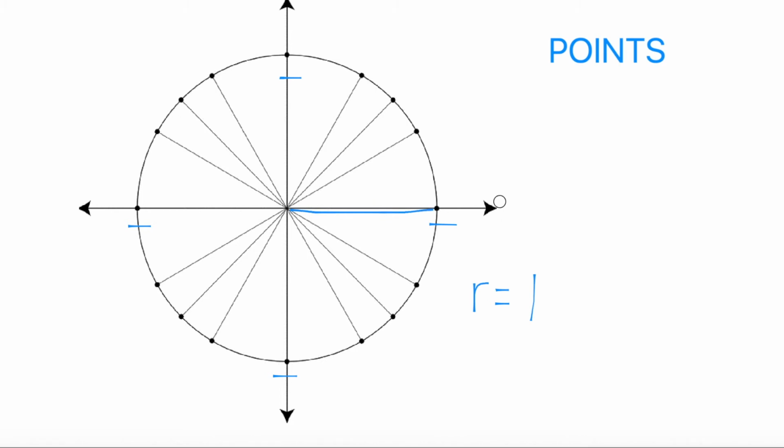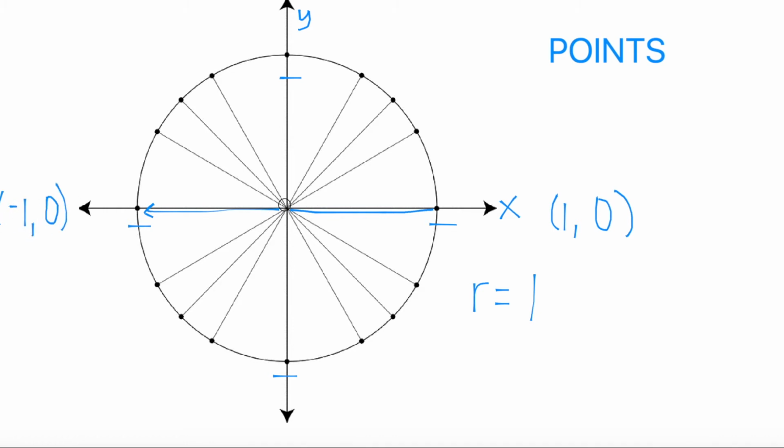And notice how, since this is the x-axis and this is the y-axis, if this is 1 unit long and it doesn't go up or down at all, this point has to be 1, 0, because it's 1 long in the x direction and 0 long in the y direction. So that's 1, 0. The opposite way is going to have to be -1, 0.